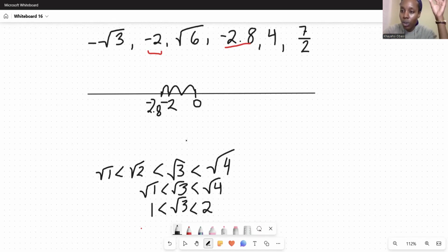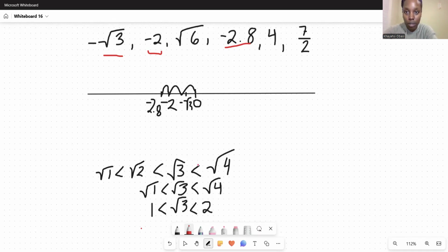So the negative square root of 3 is less than the square root of 2. So it goes around right here. All right, so we took care of that one. We've taken care of all the negative ones.